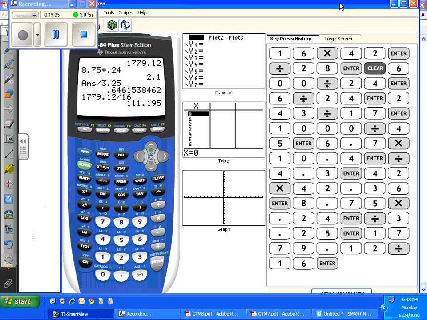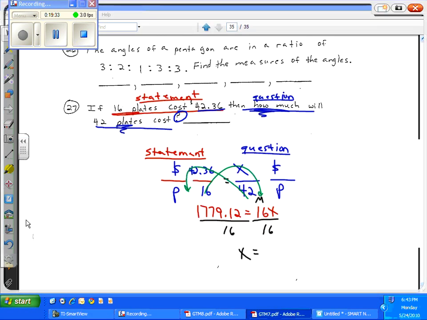That would round to 111.12. And so to the nearest cent, it would be $111.12. Any questions on number 27?